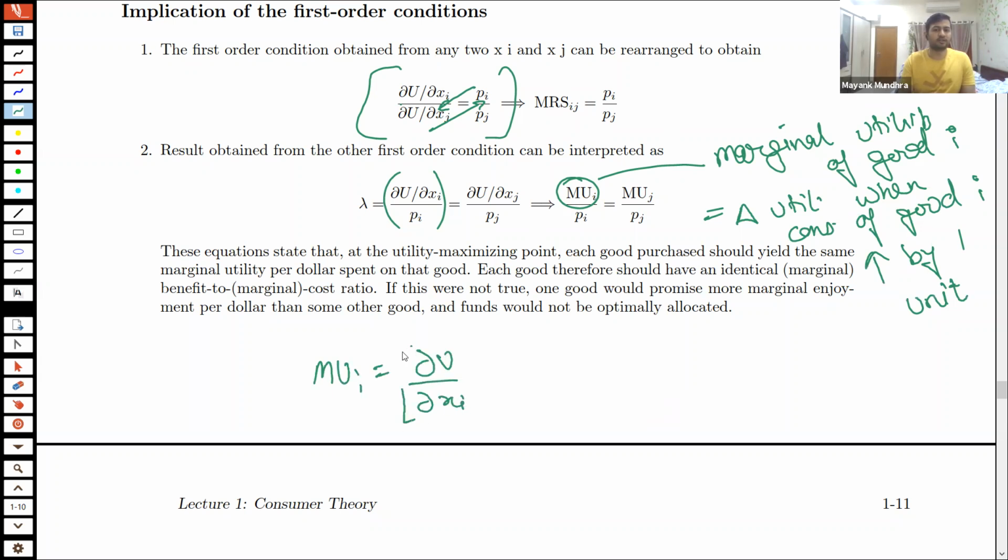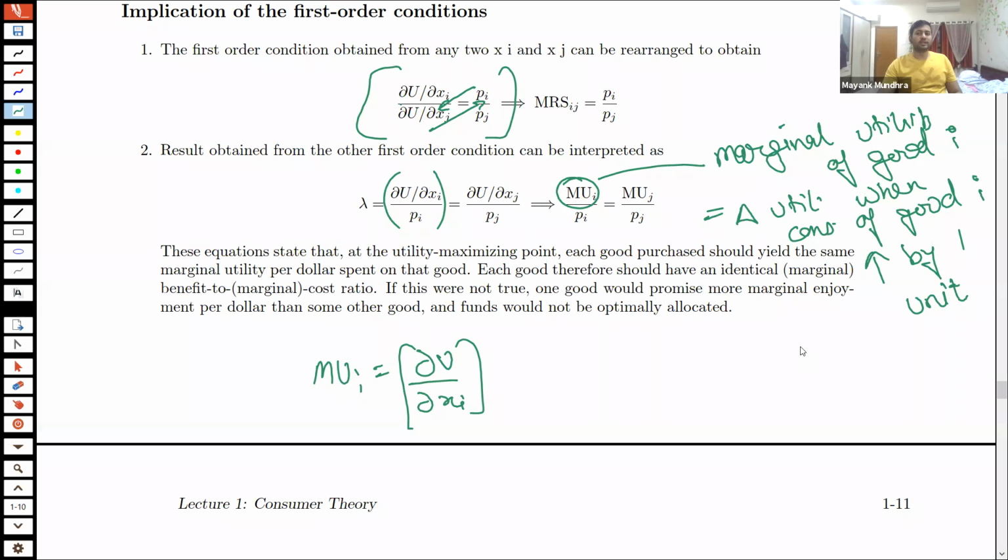That is the definition, because marginal utility of good i is nothing but del U by del Xi. So this is the definition of differentiation, right? So marginal utility, MUi, is the change in utility when consumption of good i increases by 1 unit.